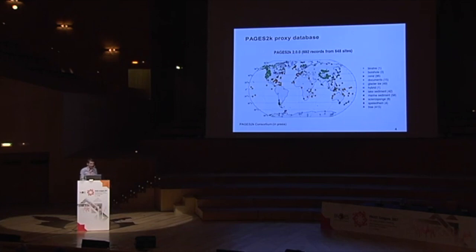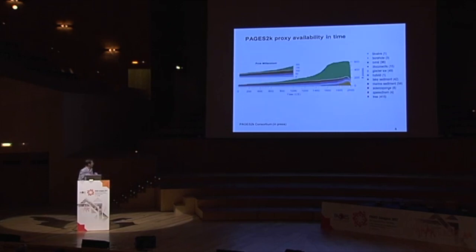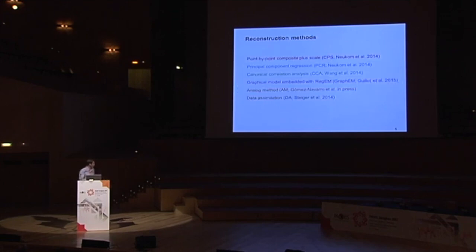The proxy database that we're going to be using is the recent PAGES 2k proxy database. As you can tell, it has a wide variety of proxies, a huge chunk of trees, especially in the past 500 years. And we're interested here in this global reconstruction. We're going to throw 6 different methodologies at this reconstruction. You'll probably be familiar with some of these at the top.